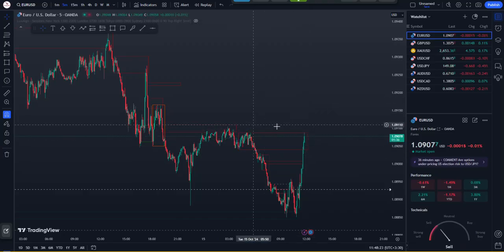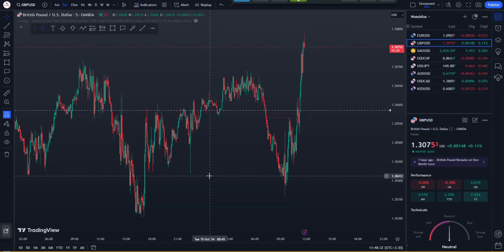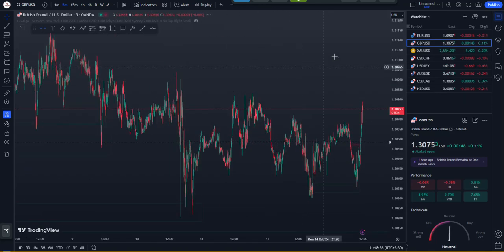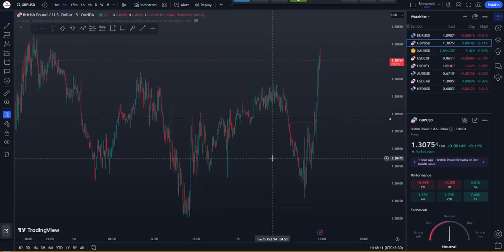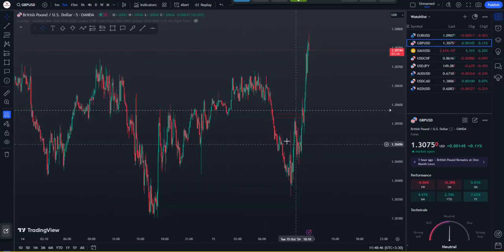Let's touch the last places here. I'm waiting for price to reach here, and then go long in Great Britain pound. Great Britain pound, price is going up, reaching somewhere here, and I'm waiting for here.